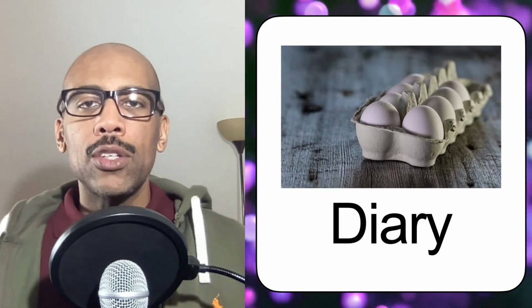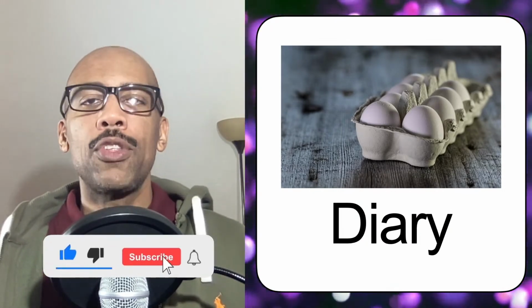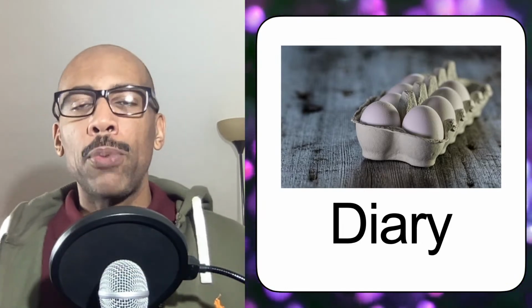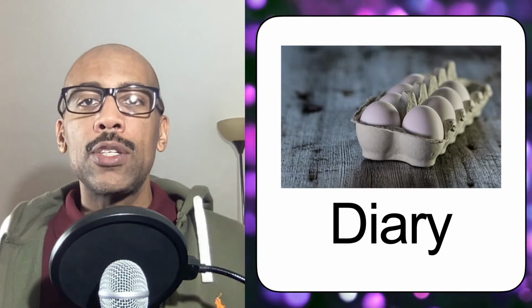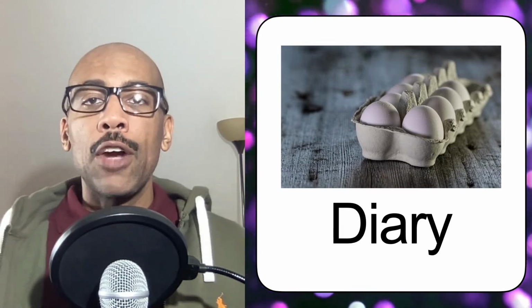Dairy products or dairy foods such as eggs, cheese, milk. These are considered dairy products. And you have some people, they don't eat dairy products. They want their food to be without milk or other type dairy products, either for health reasons or some people may be allergic to different dairy products.